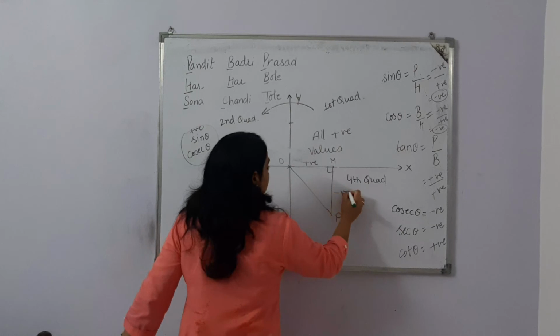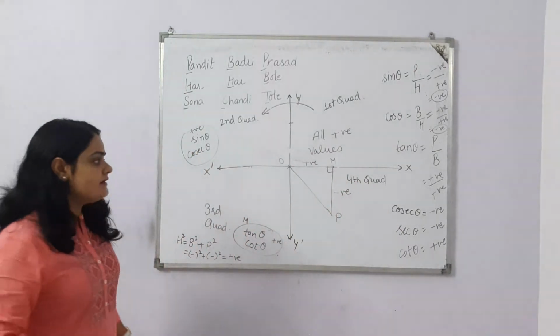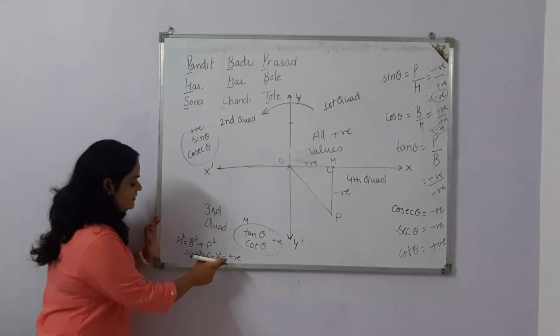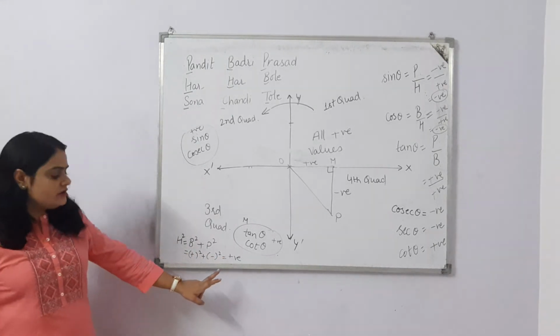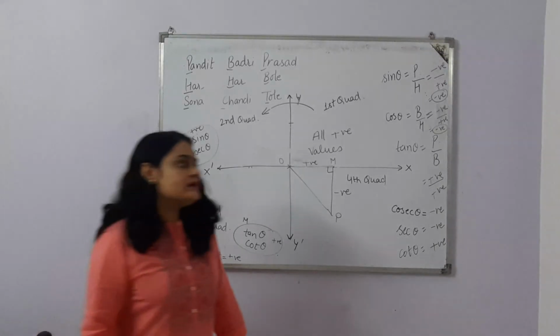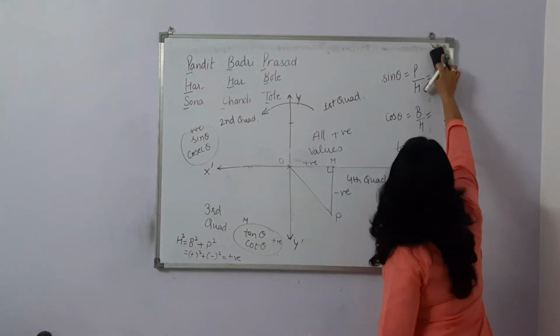So of course this is on negative side of y-axis, and again if we are substituting positive base and negative perpendicular, again we are getting hypotenuse as positive. So its impact on trigonometric ratio, let's find it out.